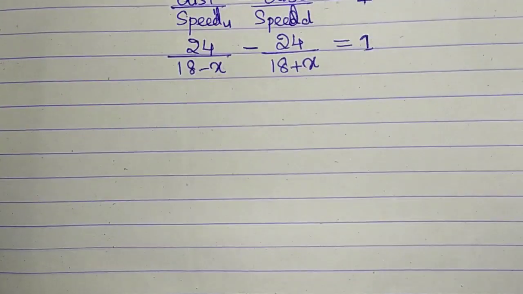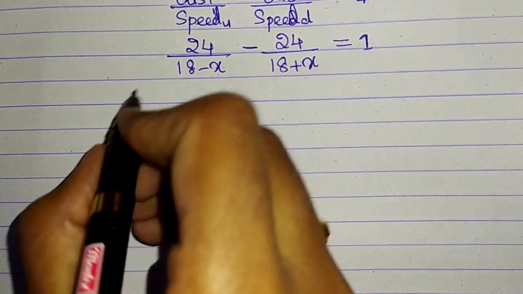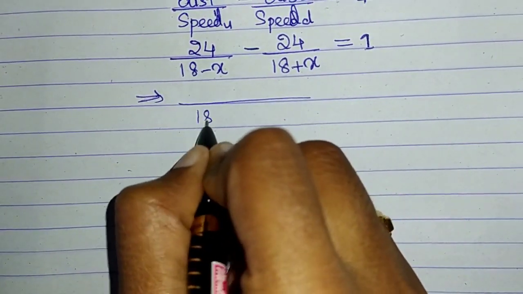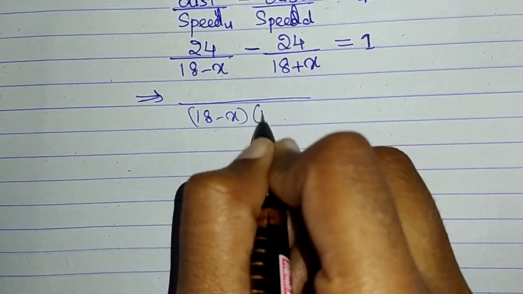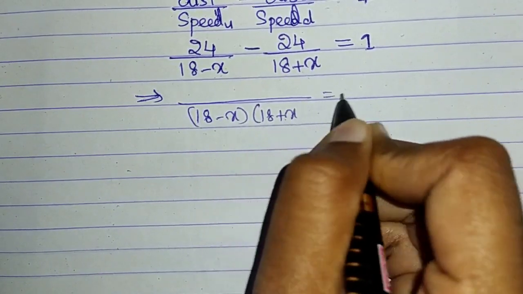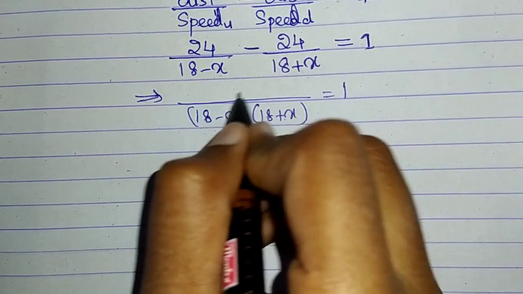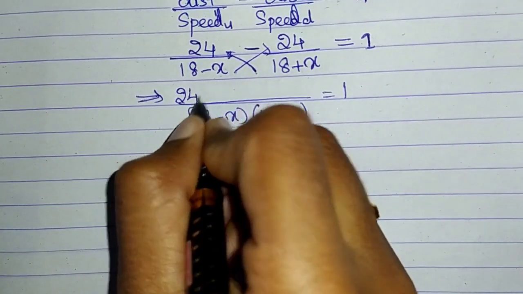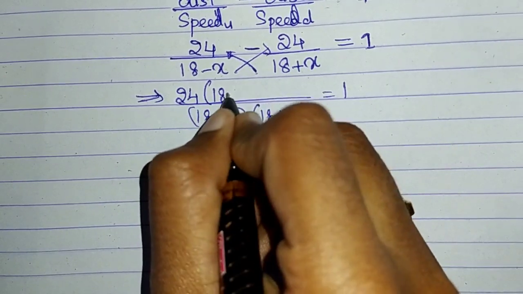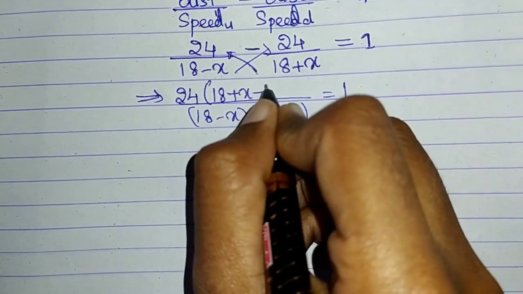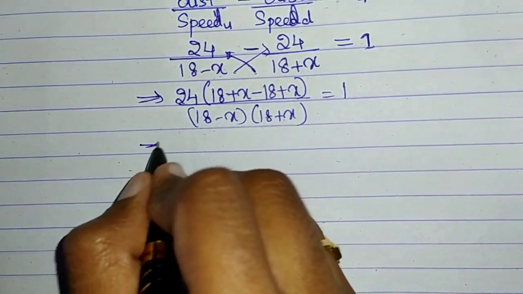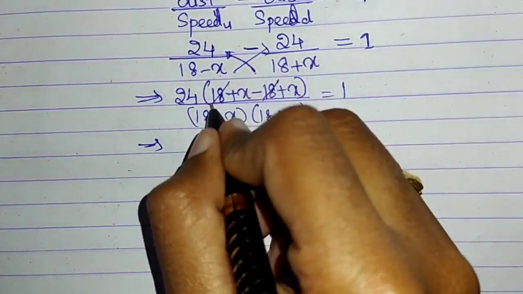So now taking the LCM and simplifying this equation, we get 24 into (18 plus x) minus (18 minus x), the whole divided by (18 minus x) into (18 plus x), is equal to 1. So on simplifying, 18 minus 18 cancels each other.